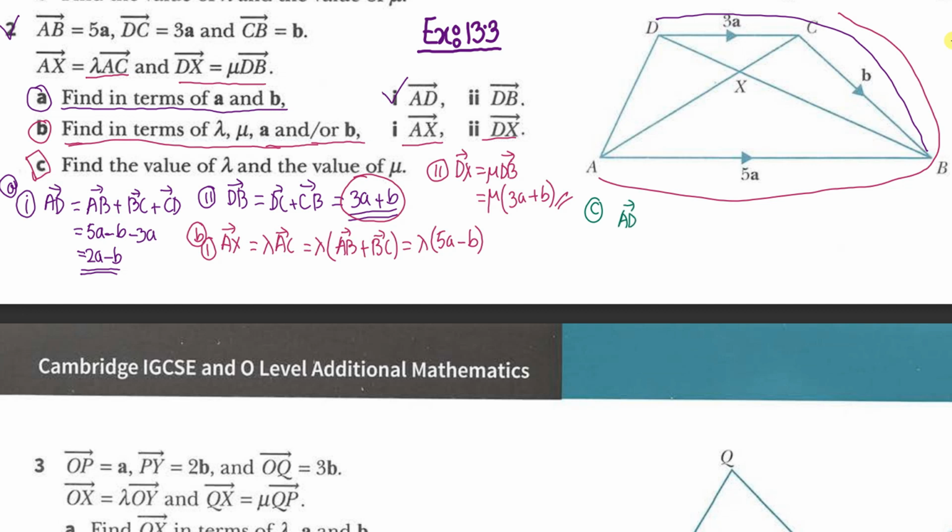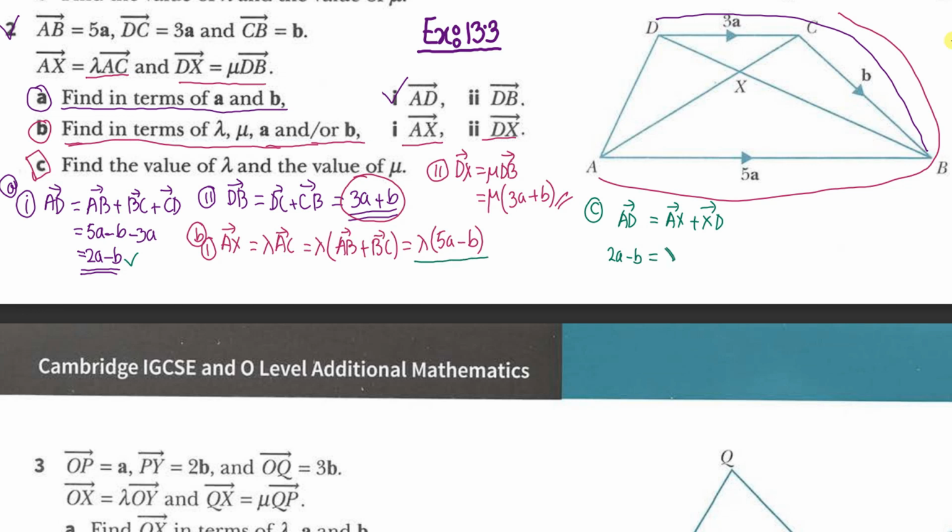AD equals AX plus XD. Yeah, we can write that. So AD, we already have the vector of AD, which we got as 2a minus b. Let me write 2a minus b equals AX. We already have the vector, which is this.